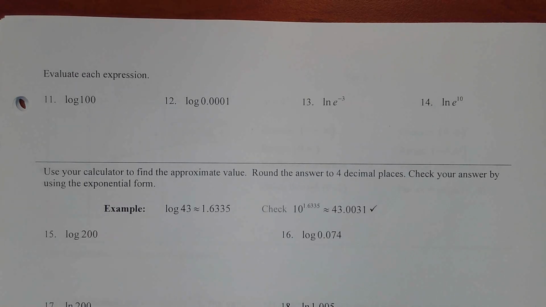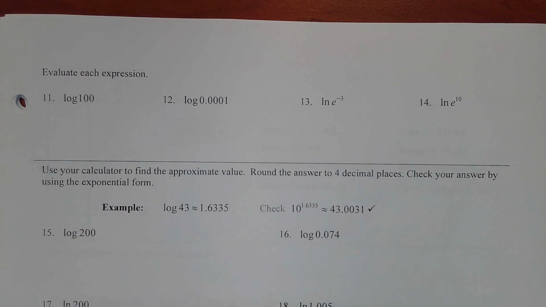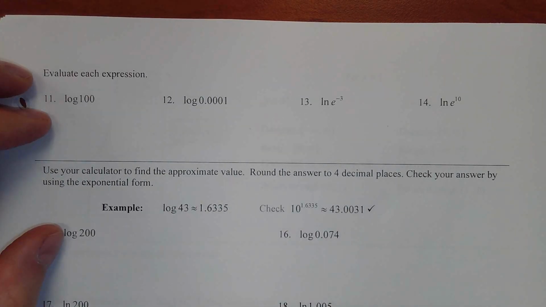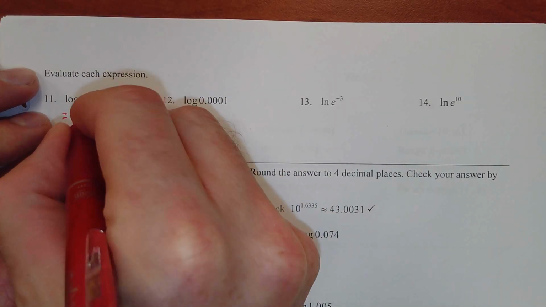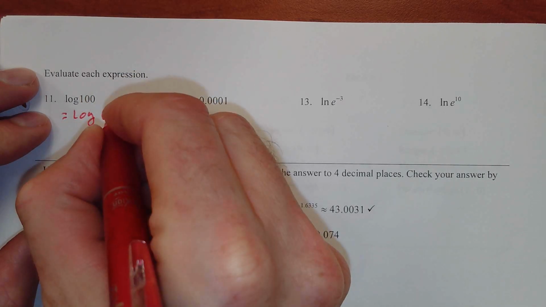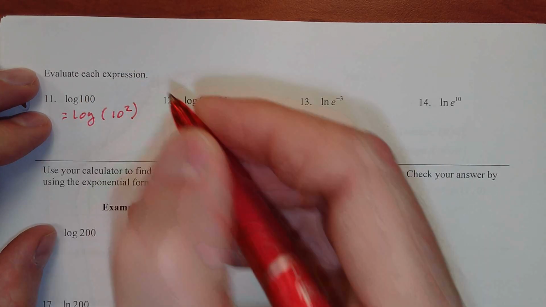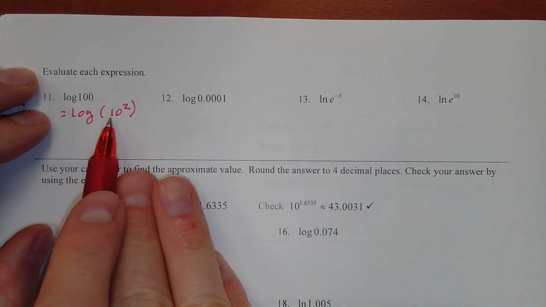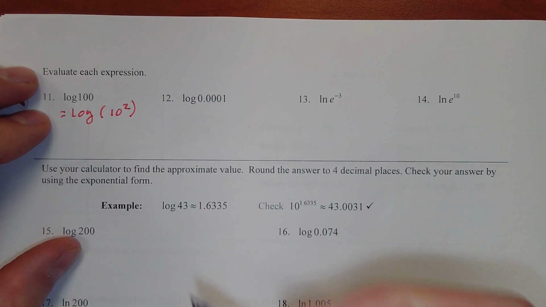Now, let's see if we can do this without a calculator. And here's what you have to remember. Log and exponential functions are inverse functions. So if I write this as log of 10 squared, here's a function composed with an inverse function.